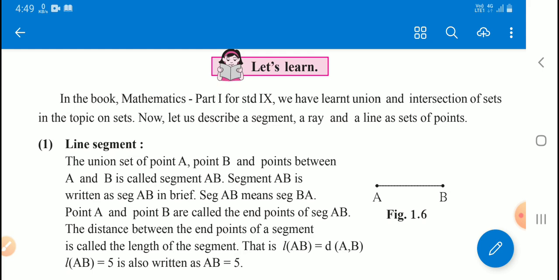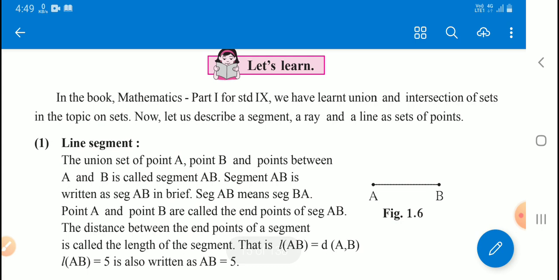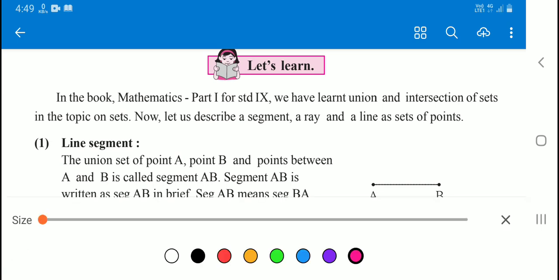You know that if we take any two sets, then the union of those two sets means all the elements from both sets. Suppose we take set A and set B. I will show you here by an example.